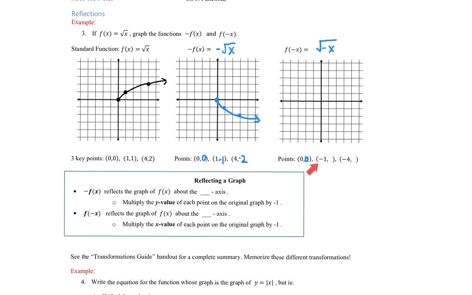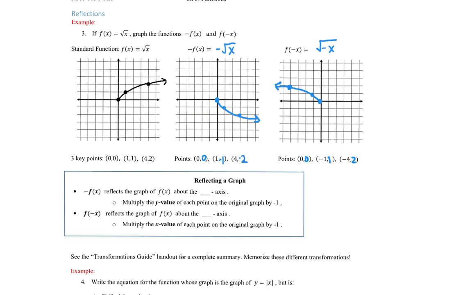Taking the square root of a negative 1 will be 1. And the square root of a negative 4, which of course becomes positive 4, will be 2. Plotting these points, we'll get this, and then we can draw our graph.